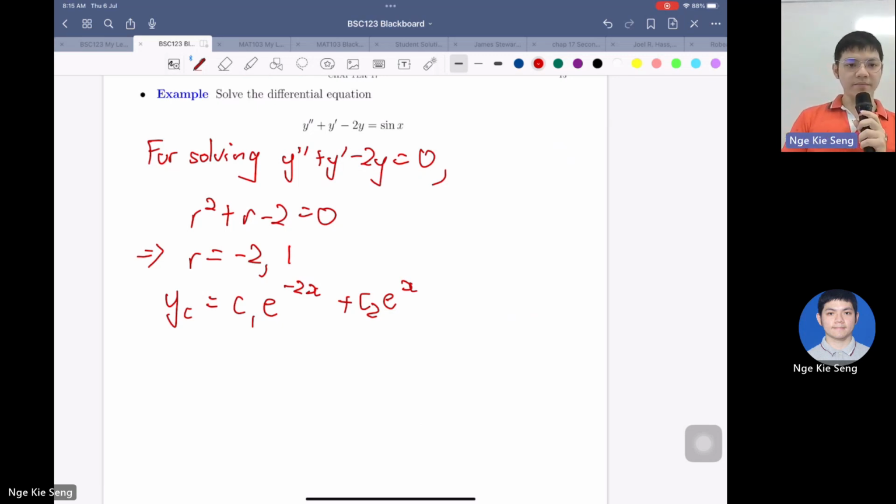Your gx here is sine x. So what kind of y do you want to try?